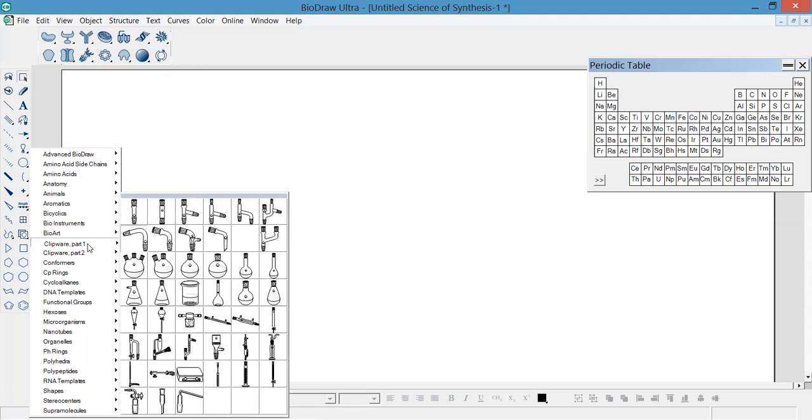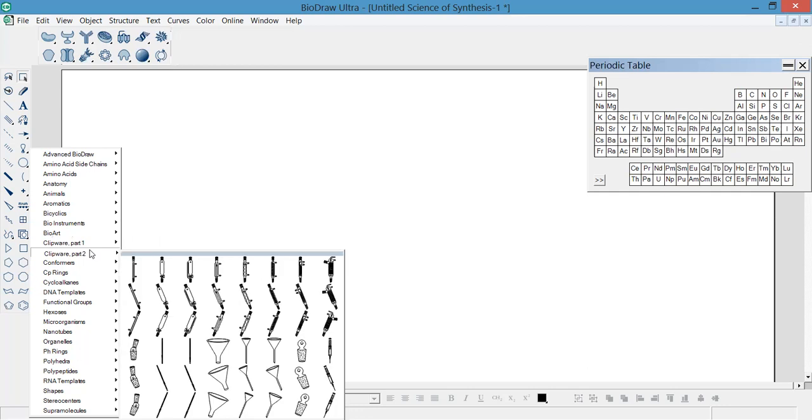These are the clip art for glassware, which is utilized for the reactions, like distillation assembly, reflux assembly. You can draw the reflux assembly and distillation assembly by using this glassware art. Similarly, it also contains different types of condensers and glassware to represent a particular assembly.